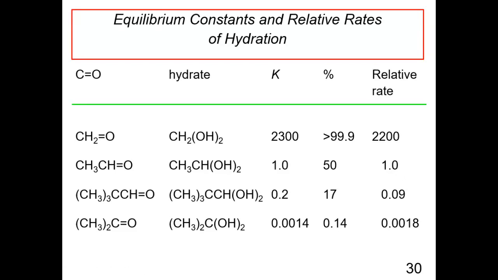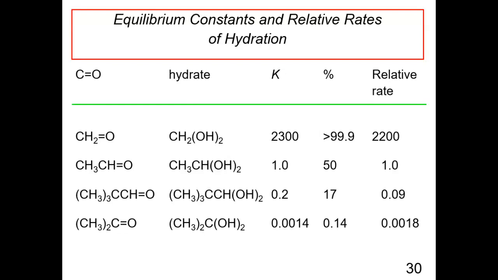So what you can see is a clear trend: the rate is parallel with the trend of the equilibrium constant. Going from formaldehyde to regular aldehyde, you see a dramatic reduction of the hydration equilibrium constant. Dramatic.